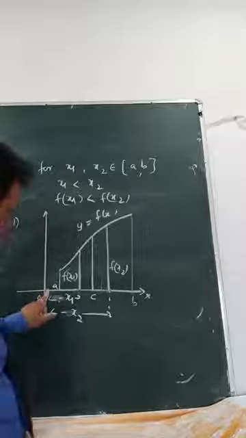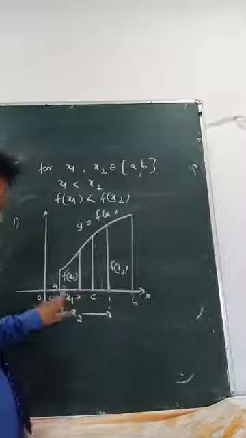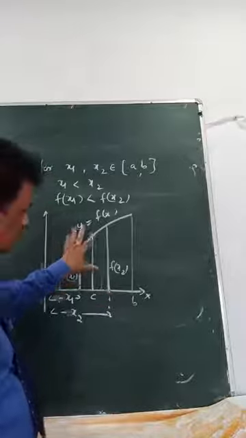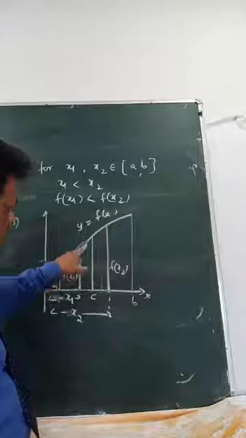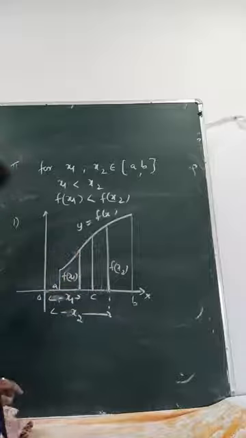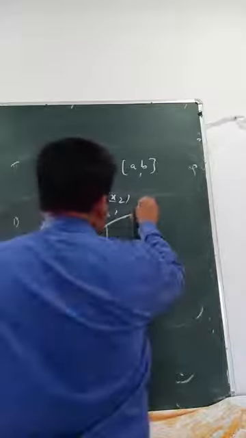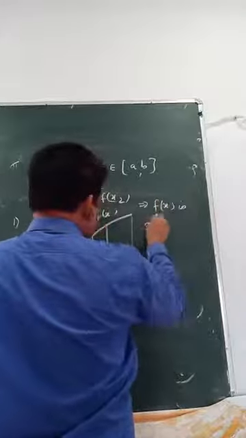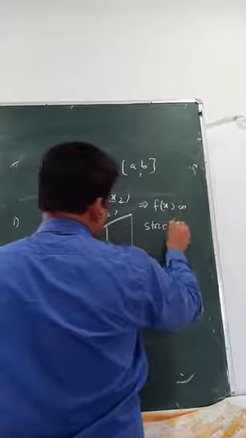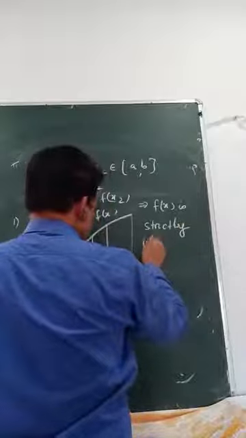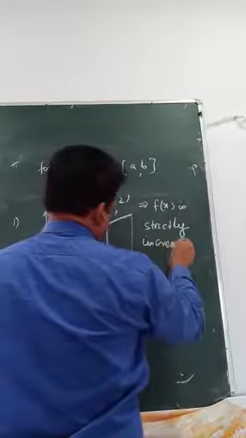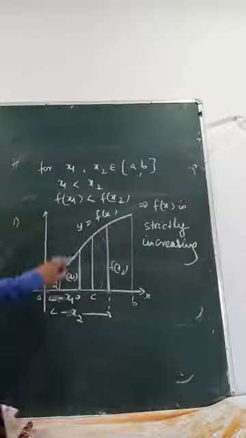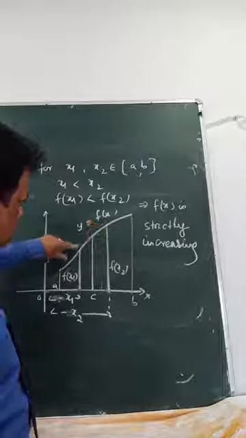You can see it from the graph. What is tendency of the graph? The increasing. So you can say implies f(x) is strictly increasing. Because you see this graph, it increases.